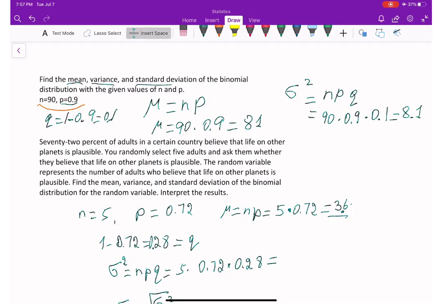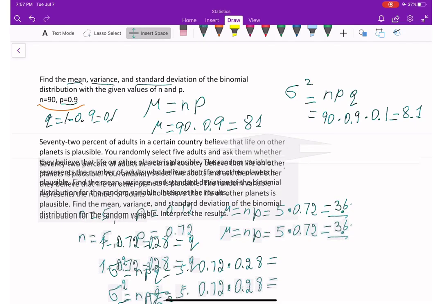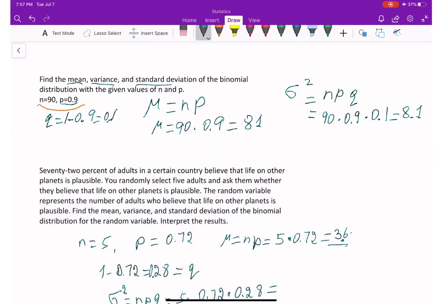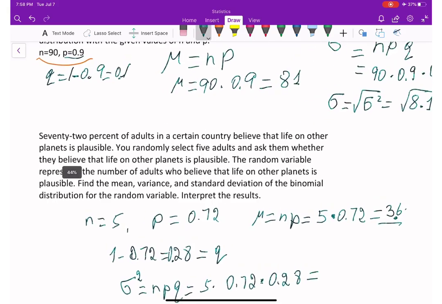Okay? And standard deviation, sigma, is equal to square root of sigma squared, which is going to be equal to square root of 8.1. Well, I believe you can punch it on a calculator and figure out how much the square root of 8.1 will be. Moving to the next question.